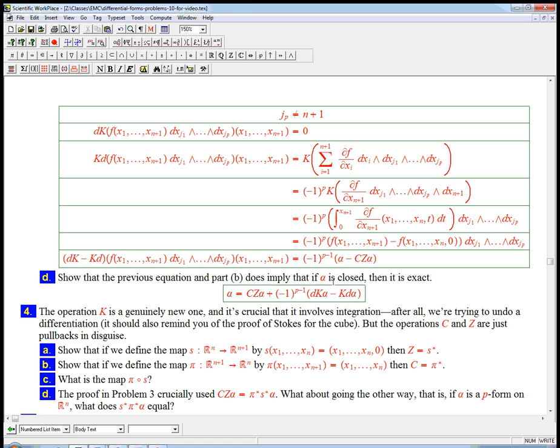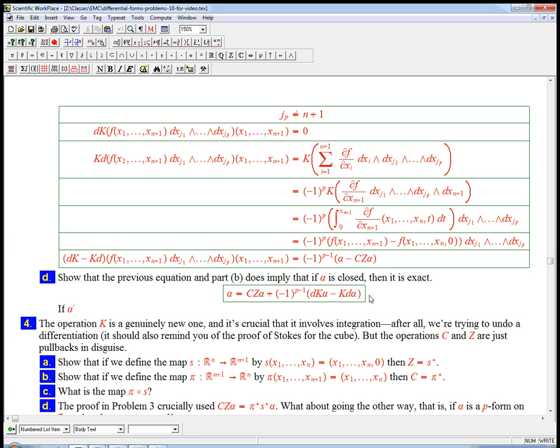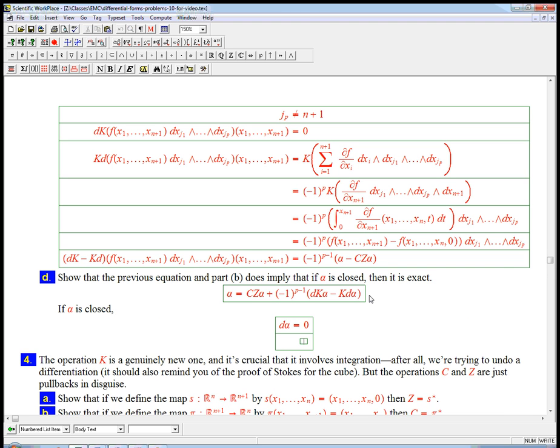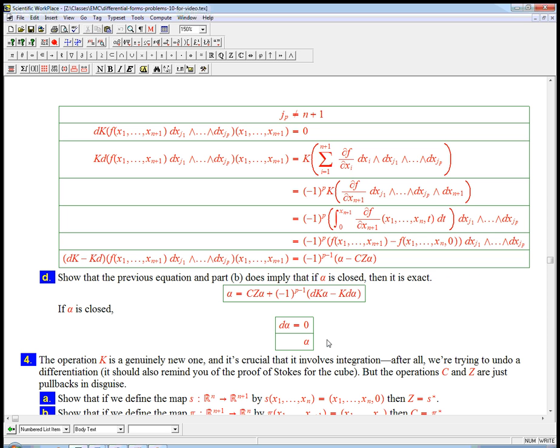Okay, so if alpha is closed, then d alpha equals 0, and hence this simplifies to alpha equals, let's just copy it and kill this part. All this dies.